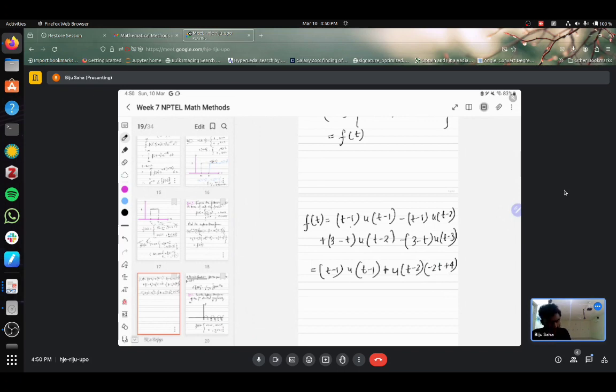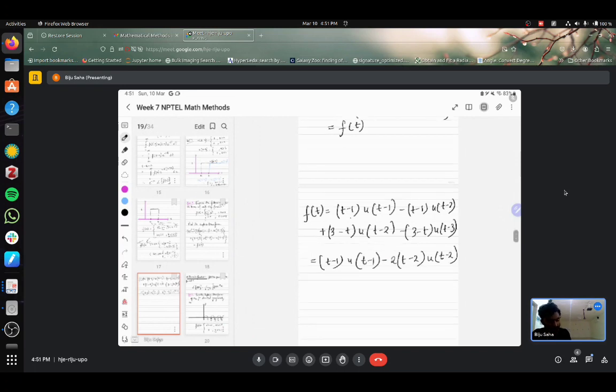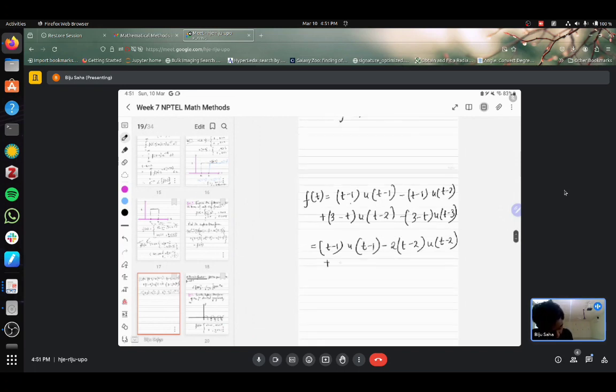Also, we can take minus 2 common. Minus 2 we are taking common, then we have this. And the last term can be written as t minus, so we took minus common and then we have this.